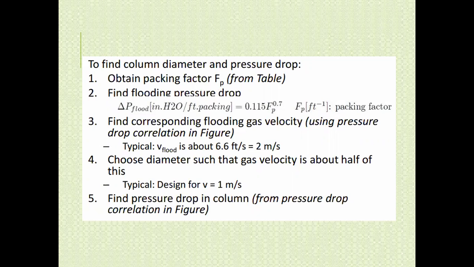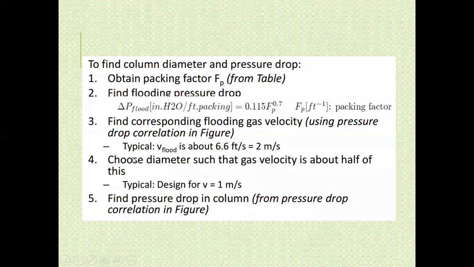The cluster for the structured packing material is at the bottom. And the way they are grouped, you can already see in one of the columns the packing factor. After knowing the packing factor, or taking it from the column, we solve for the delta P at flooding. So this is already the corresponding drop in the pressure when the column is said to be flooded.